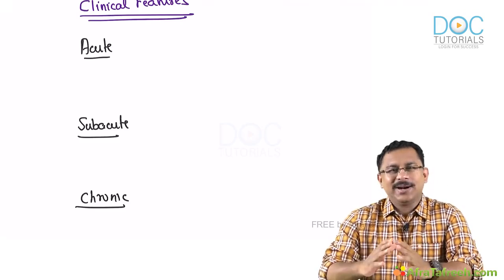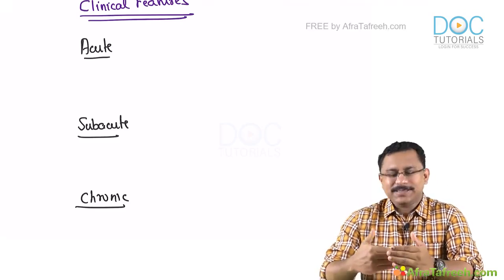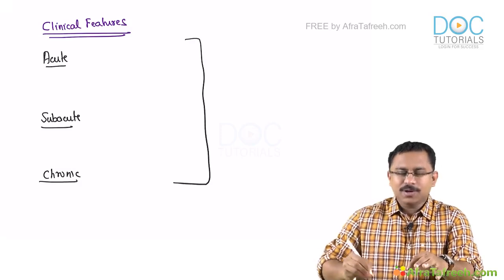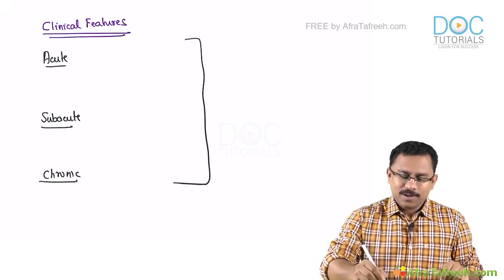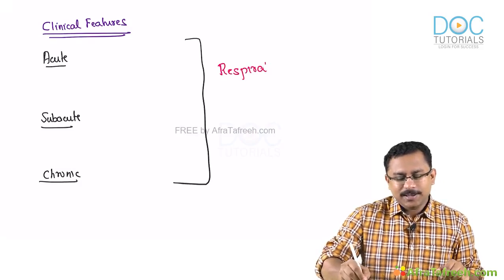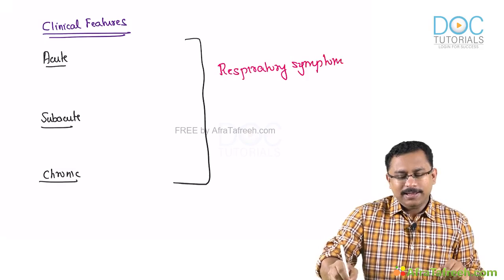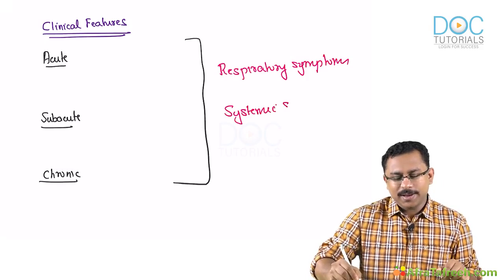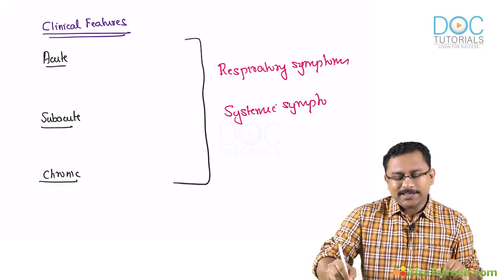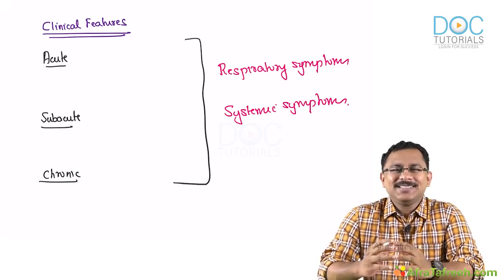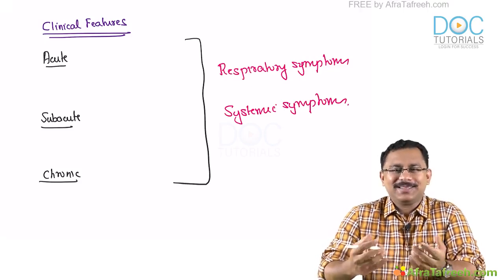Now let me tell you one thing, whether it be acute, subacute or chronic, any of these would have two types of symptoms. One is going to be respiratory symptoms. And the next is going to be systemic symptoms. Now when I say respiratory symptoms, it is just that the patient would have some cough and breathlessness.